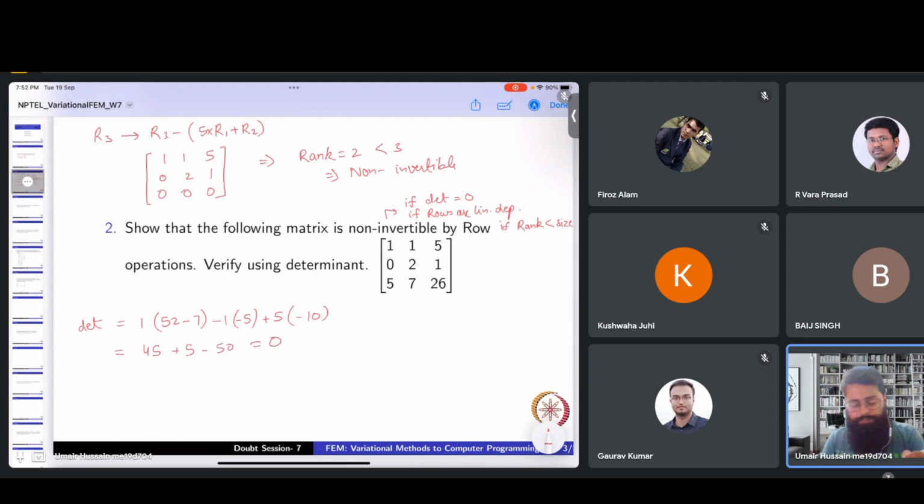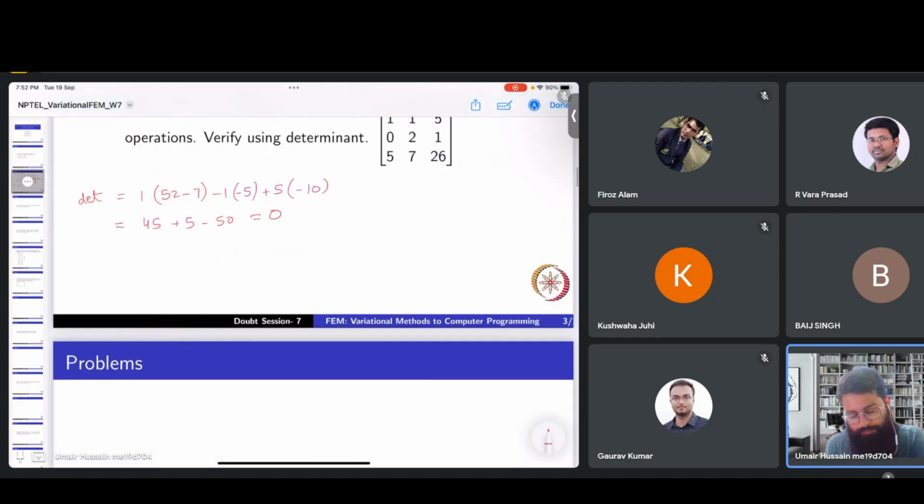We'll get 0 here. So hence this is a non-invertible matrix.